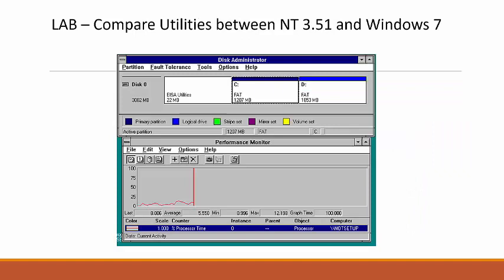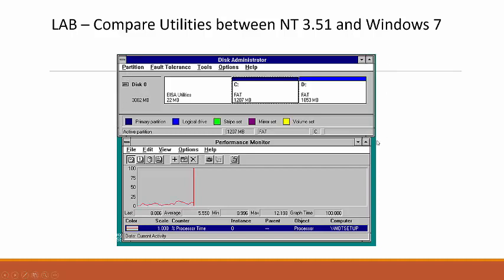Now, in our face-to-face class, we actually do a lab where we crack open a modern version of Windows, Windows 7, and compare some of the tools, the utilities that come bundled with Windows 7 with stuff that was around in 1994. And a couple of them have changed hardly any at all.